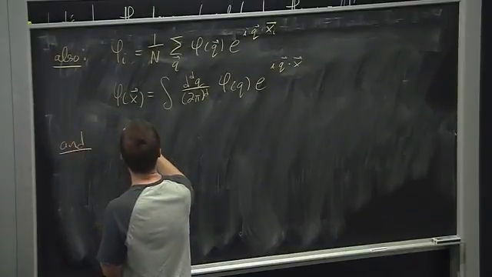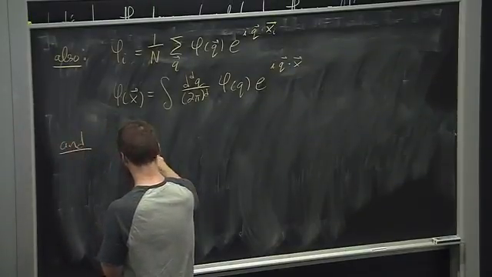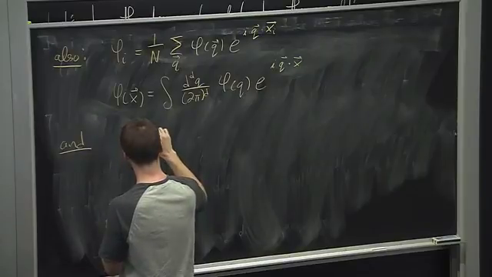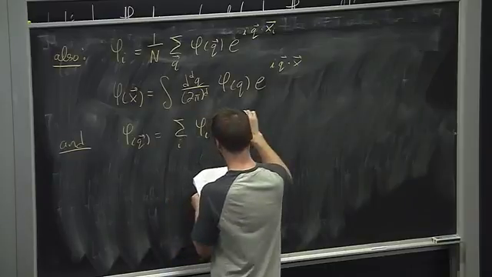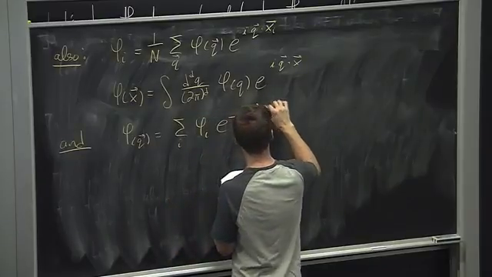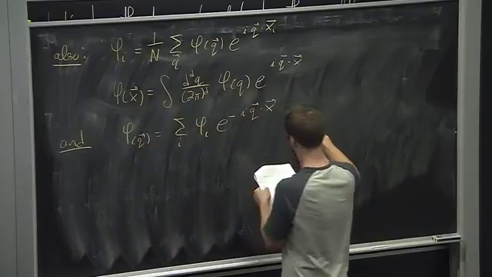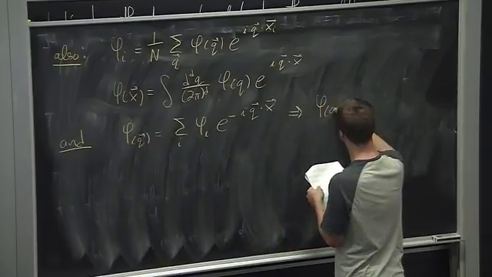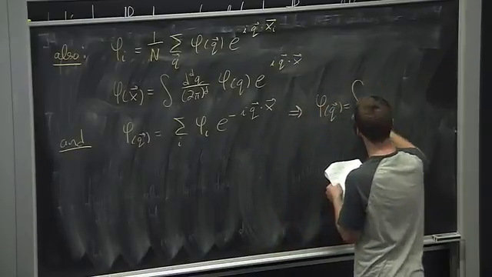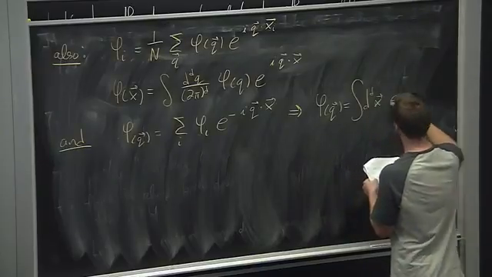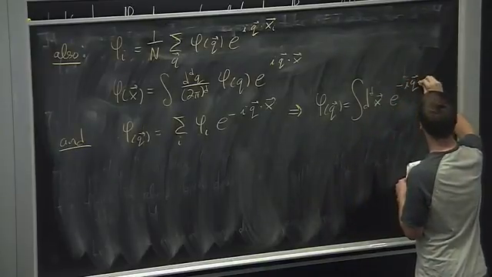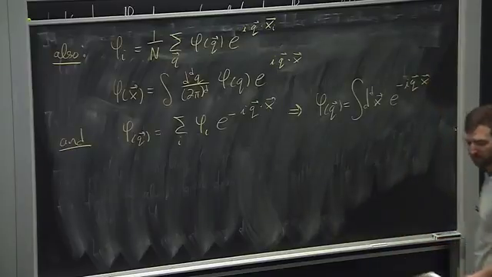So if you have phi of, let's call it phi of Q, here's my space integral, e to the minus I Q dot X. What did I forget? Phi of X.